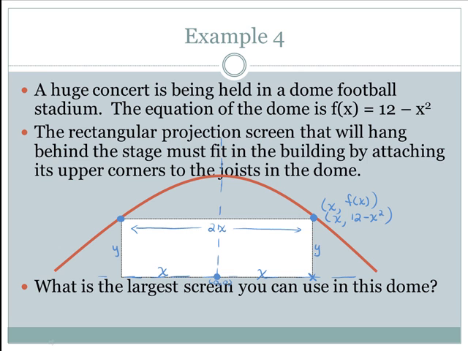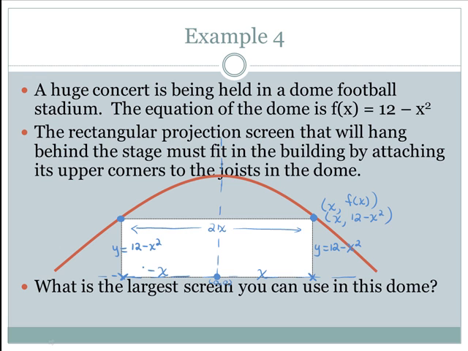So the height of that screen has to satisfy 12 minus x squared. So we don't have like a 2x there, we have the actual 12 minus x squared gives us our height. Now technically we would plug in a negative x value to get the height, but because x is being squared, that value would become positive anyway.